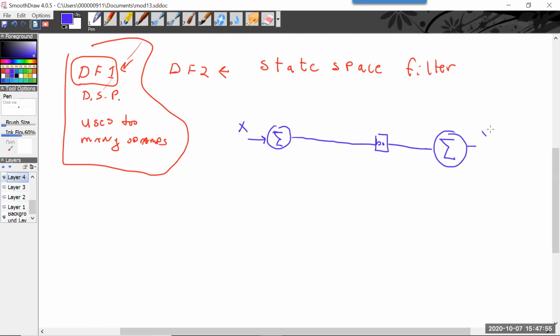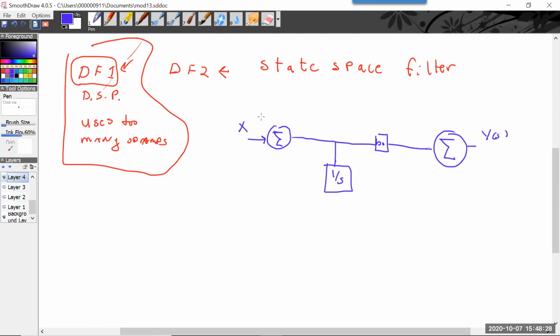And there's our output. If I just drew this, what's Y of S? Well, there's only one thing coming into it, B naught, which is the only thing coming into the summer. So really it's going to be X times B naught. But the state space filter design actually starts off with an integrator.